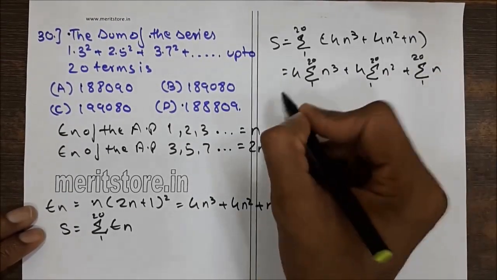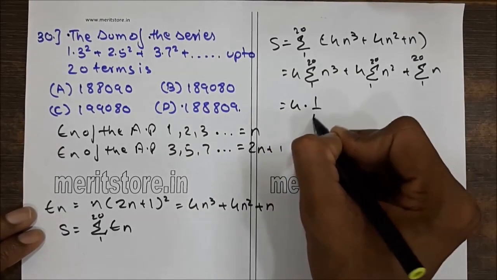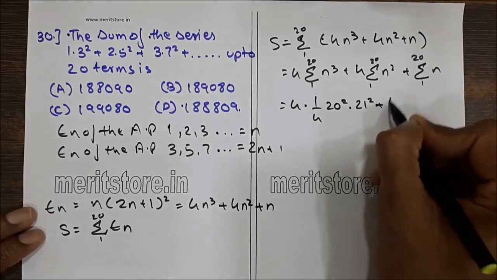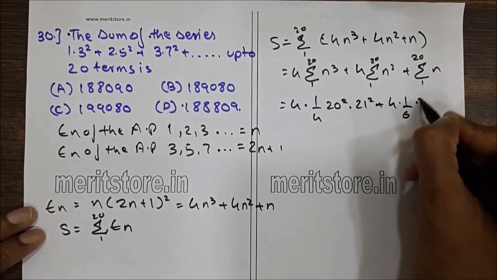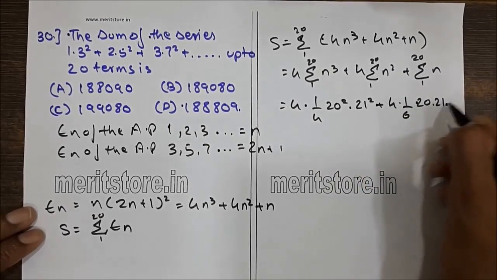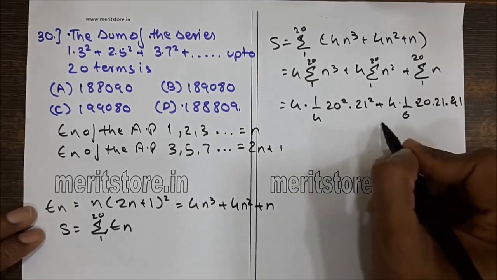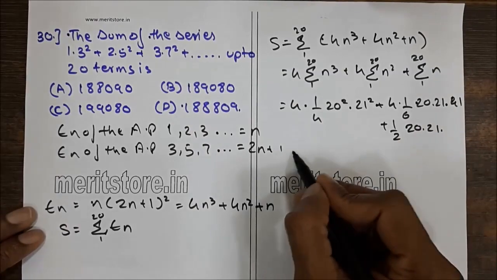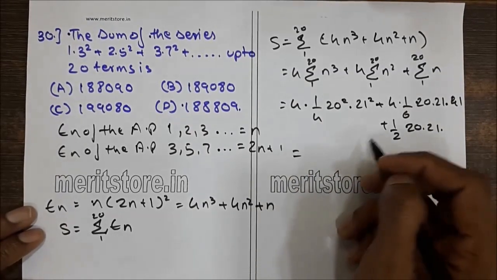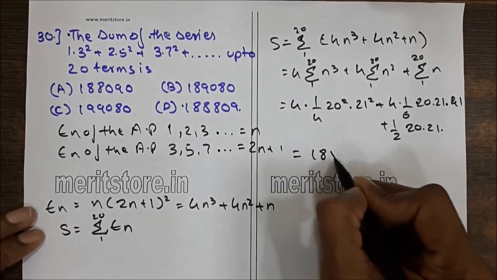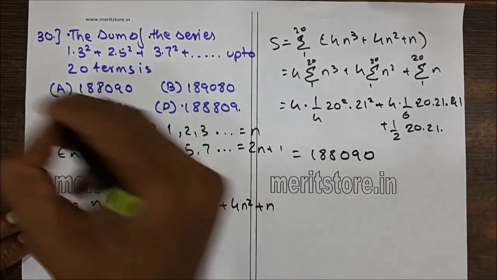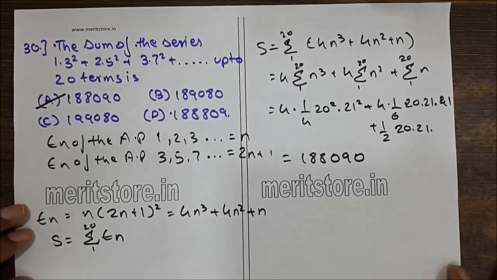Solving this, we get 4 into 1 by 4 (20) the whole square into (21) the whole square plus 4 into 1 by 6 into 20 into 21 into 41 plus 1 by 2 into 20 into 21. Solving this and calculating, we get 188090, which is our option A. Therefore option A is the correct answer.